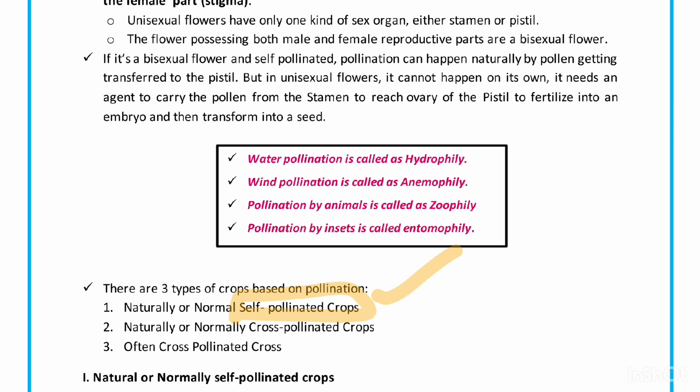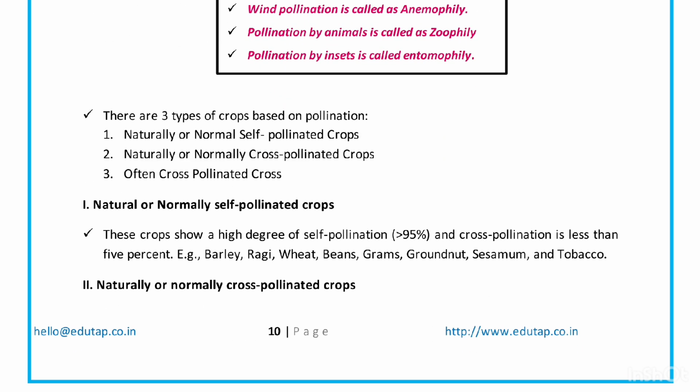We have the male part and the female part in a flower, so the pollens of its own flower are deposited onto the female part of the plant. Within a flower the pollination is happening. That is how self-pollination occurs.